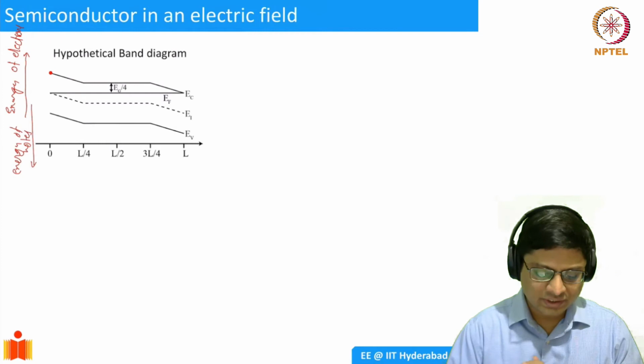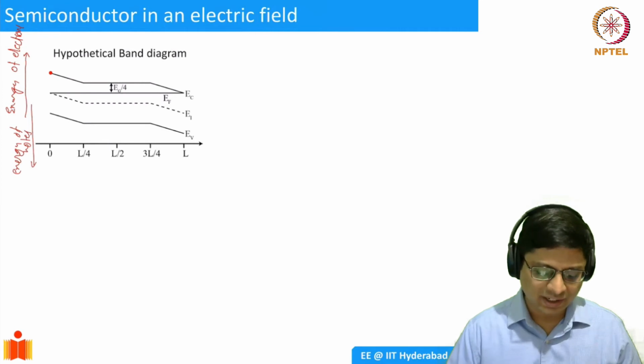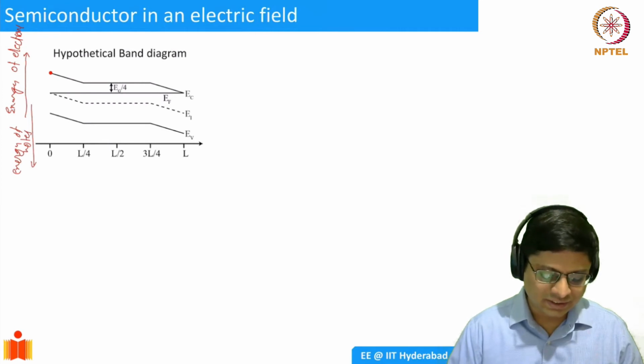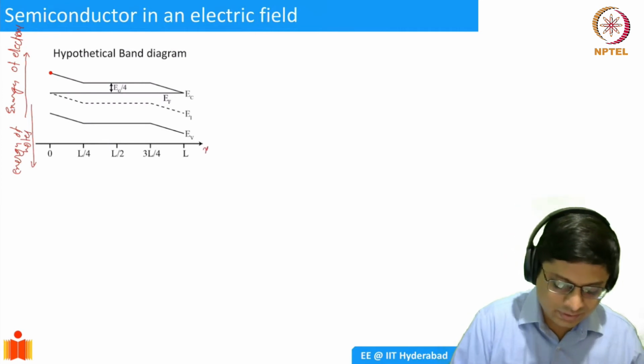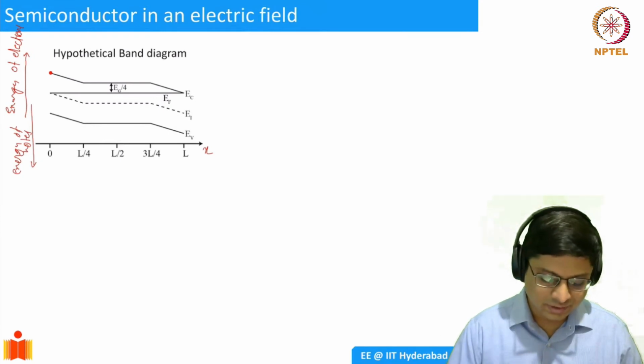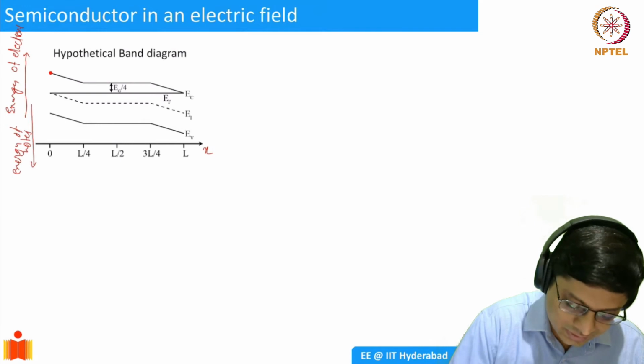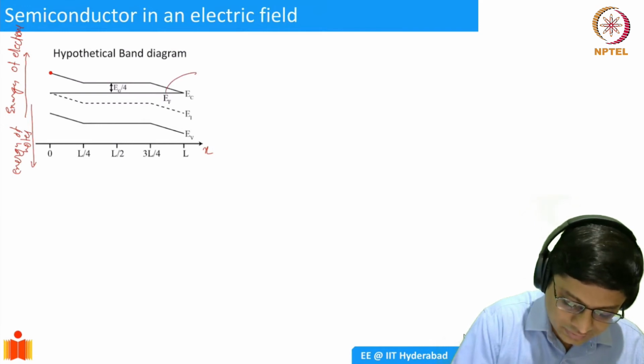The first question, let's try to analyze. This is a hypothetical scenario. It's never going to be realistically there, but let's analyze. Let's say at x equal to 0, this be x. What is the electric field across this semiconductor? You have the bands. One important feature that you should note here is the Fermi level. This is EF, right?